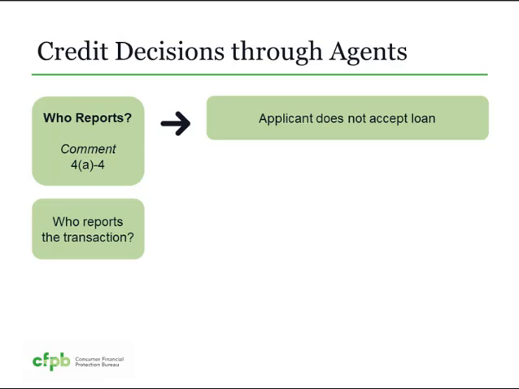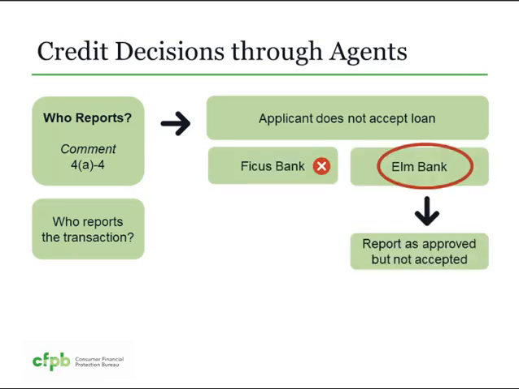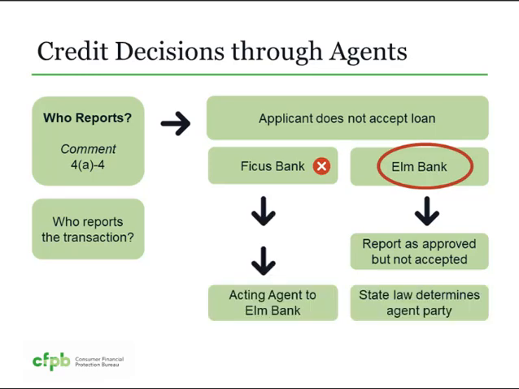Who reports the transaction? Here, Elm Bank would report the action taken by its agent, Ficus Bank, and would report the application as approved but not accepted. Ficus Bank would not report the application because it was acting as an agent of Elm Bank.